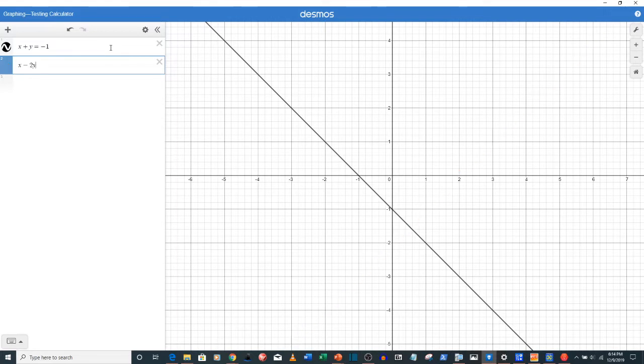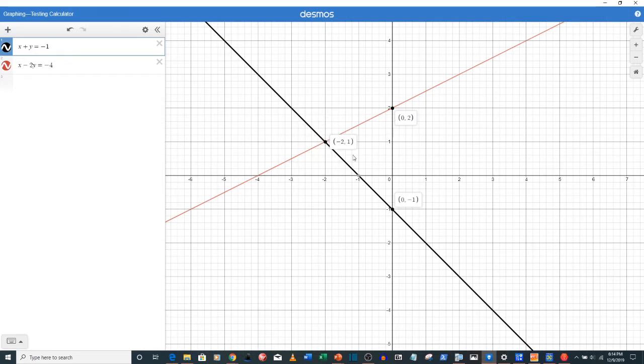X minus 2y equals negative 4. Okay, so over here, I see that they cross at negative 2, 1, and that red line, that second equation, has an upward slope. The first equation had a downward slope. Okay, so these are my key points.